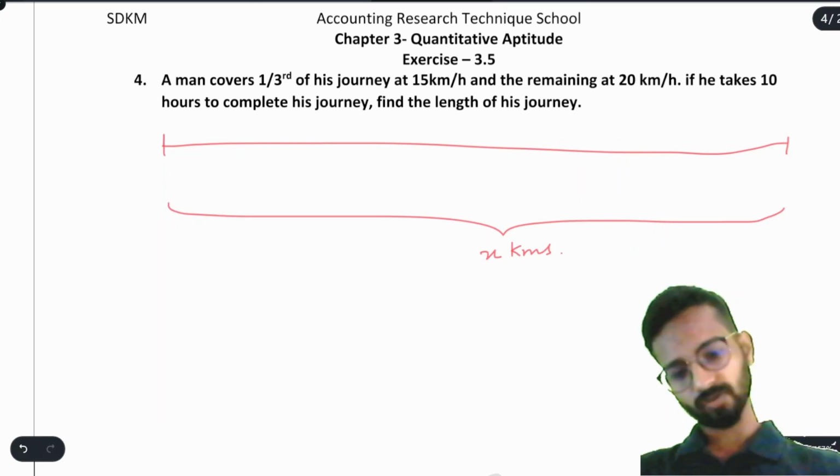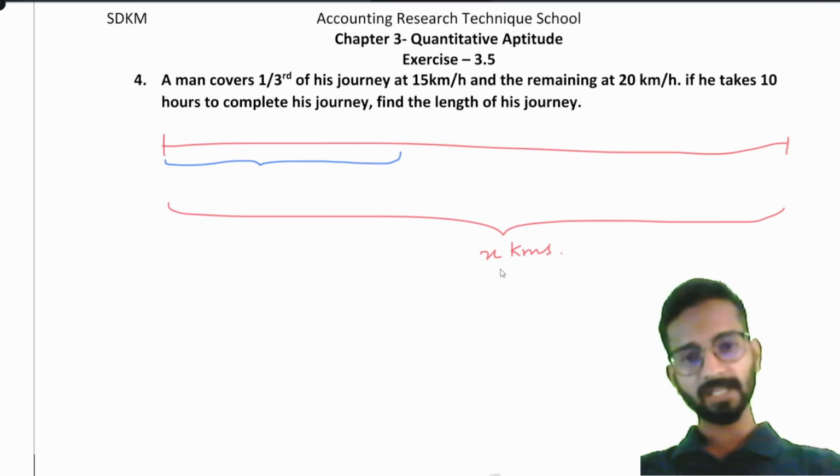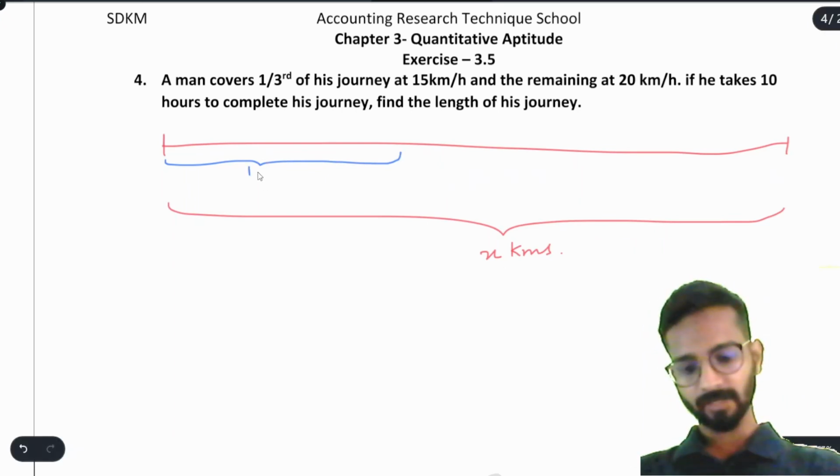So can I say 1/3 of the journey is this much? So if total is x, I can say this is 1 by 3 x kilometers, and the left, which is the remaining part, is 2 by 3 x kilometers.